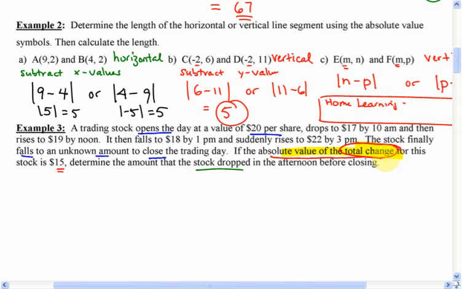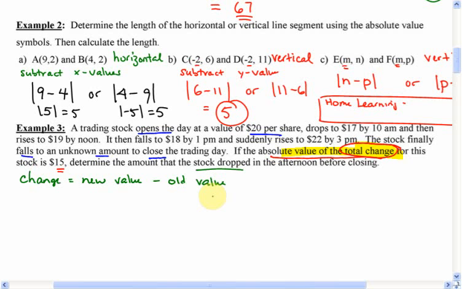How do you find the change in something? It's always the new amount take away the old amount. So let's just write that down at least. Change is always equal to the new value minus the old value. So there's a whole bunch of changes that happen on this day.